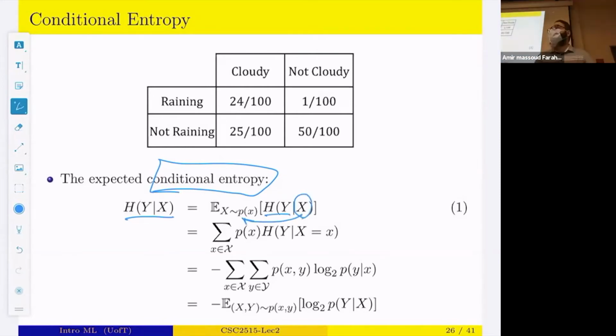So we consider the probability of each possible X, which we can write as P of X, times H of Y conditioned on X being one particular X, which we had in the previous page. And then if you expand this, you get something like this: the expectation, with X and Y coming from this joint distribution, of log of P of Y conditioned on X. So that would be the conditional entropy.